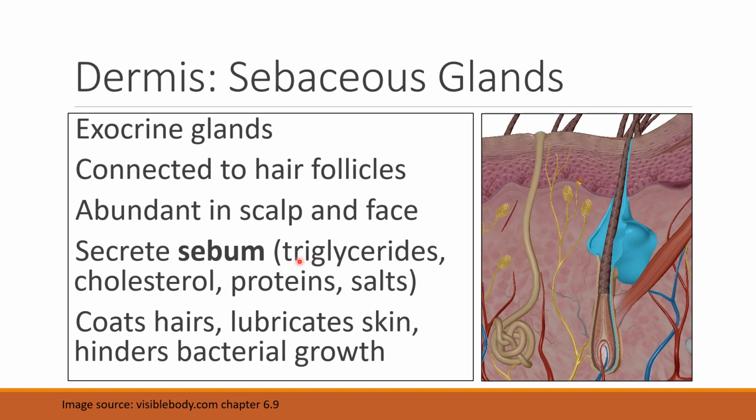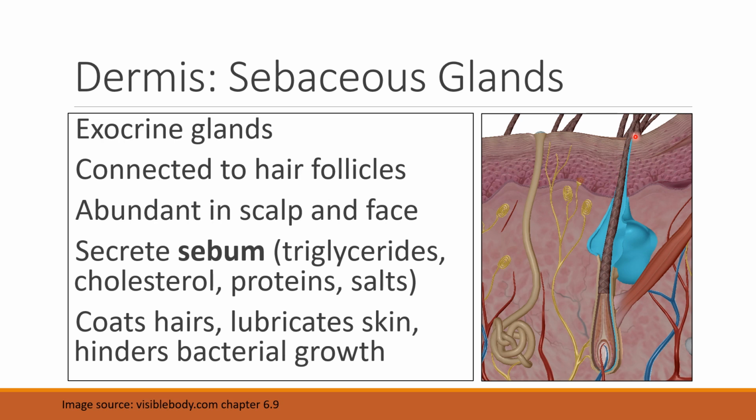Now, if you recall, triglycerides and cholesterol are lipids. Lipids are hydrophobic. They're oily, and don't mix well with water. Normally what the sebum does is it'll coat hairs, right? That substance will coat the hairs. It'll also lubricate the skin, and it'll inhibit or hinder bacterial growth.